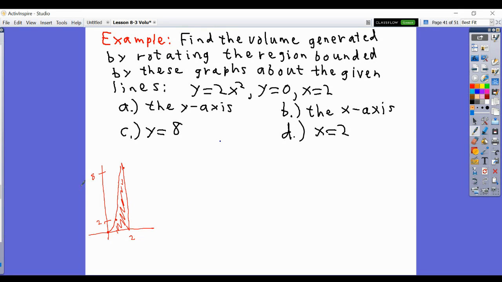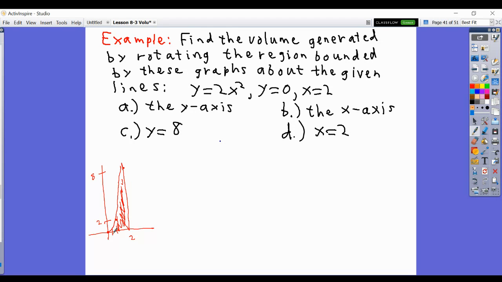I would say that is the washer method, because you can take this outer piece and subtract the inner piece and do that all with respect to y. Make sure your equations are with respect to y before you start that. You can also do the shell method, because it'd be really easy to take slices in the vertical direction here and then do cylinders. So shell method might be easier to actually integrate in the end of that problem.